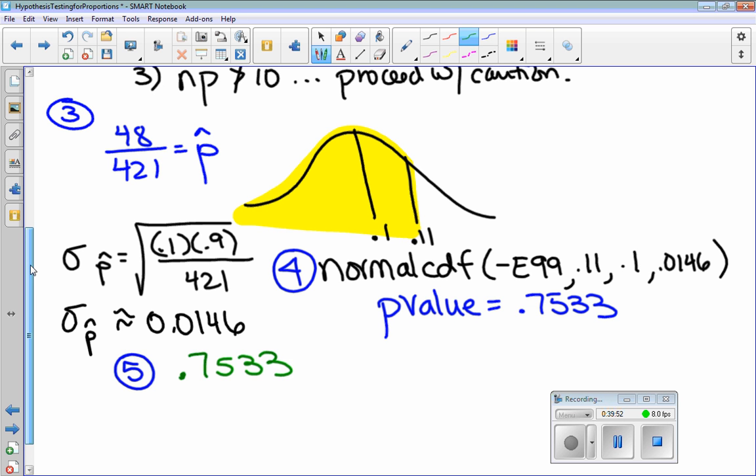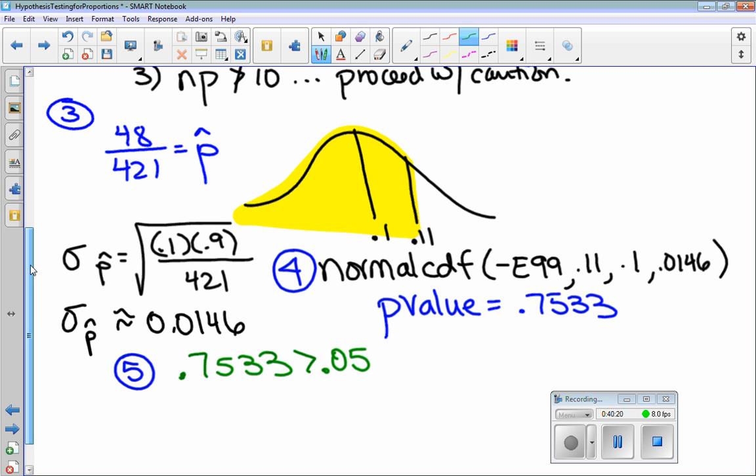I think we did 95, didn't we? So we're going to compare our p-value to alpha, 0.05, because if we have a 95% confidence interval, our alpha is 0.05. They have to add to be 1. Since this is true, which one of my two conclusions do I make? Do I reject the null, or do I fail to reject the null?